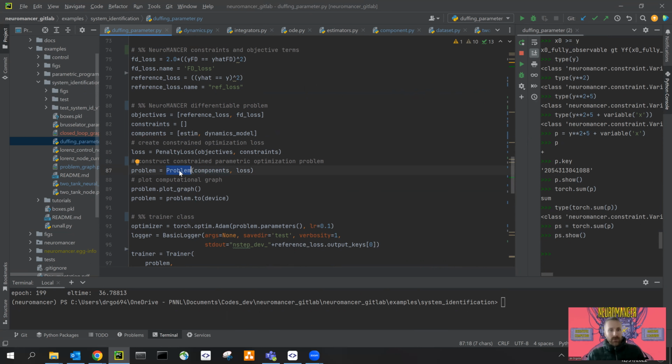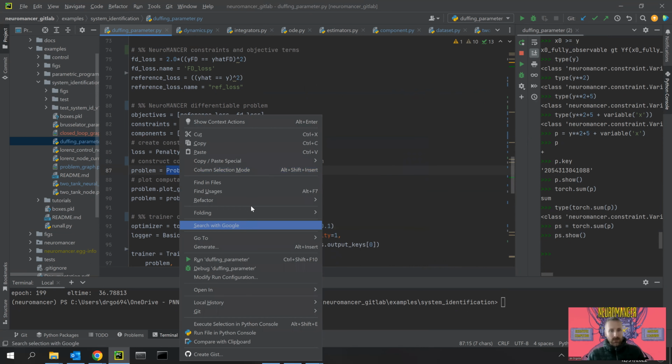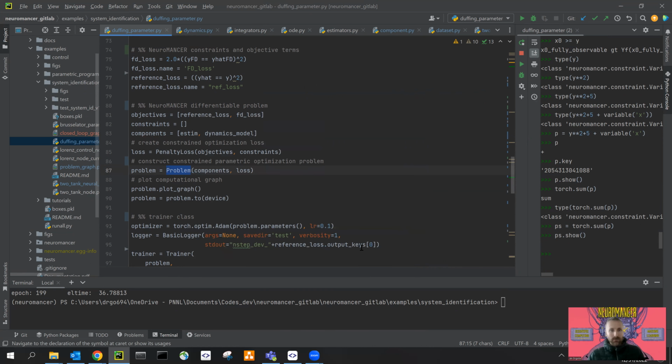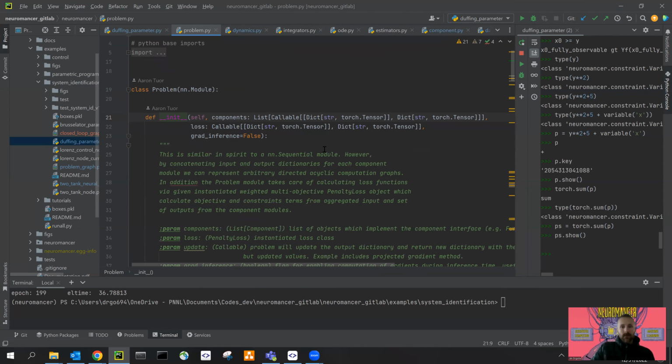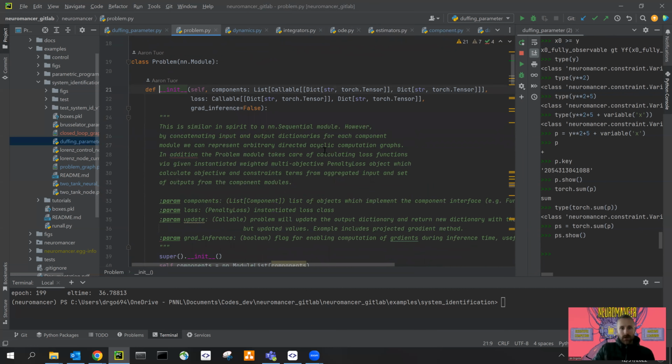So what happens inside is that you are constructing a constraint optimization problem and represent it as one differentiable forward pass that can be used using standard PyTorch autograd. So this is similar in spirit to the nn.Sequential module in PyTorch. However, by concatenating the input-output dictionaries, we are creating custom symbolic computation graphs that can represent arbitrary directed acyclic graphs.